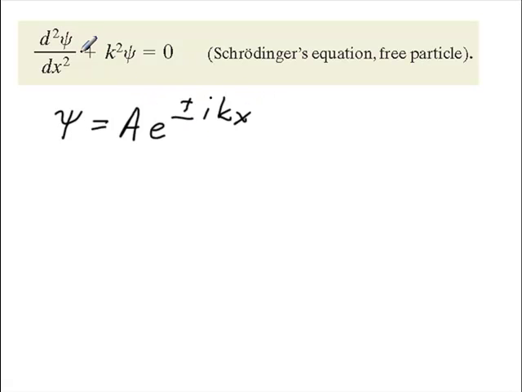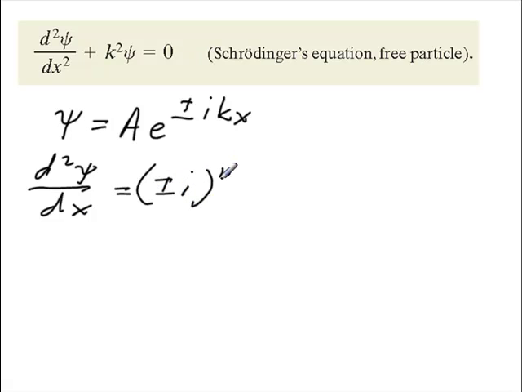Plugging that in here, the second derivative of psi with respect to x squared is plus or minus I squared k squared a e to the plus or minus I kx.